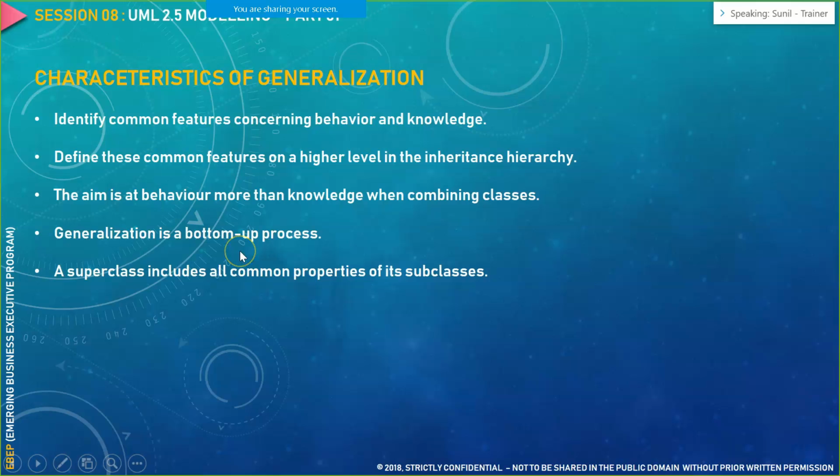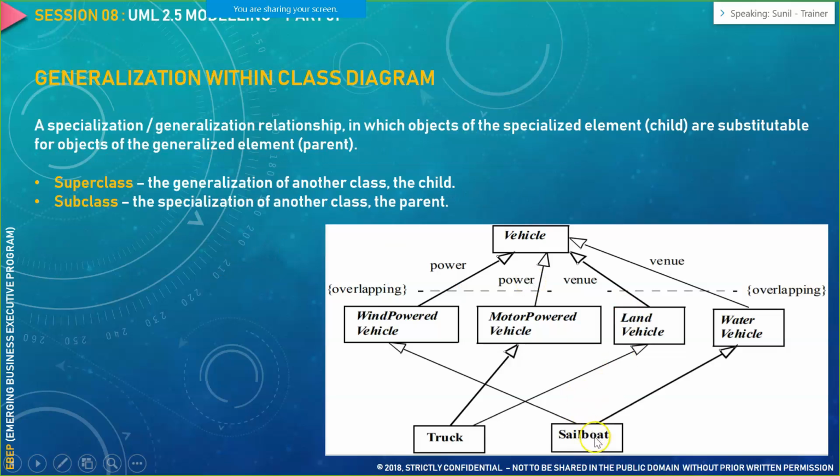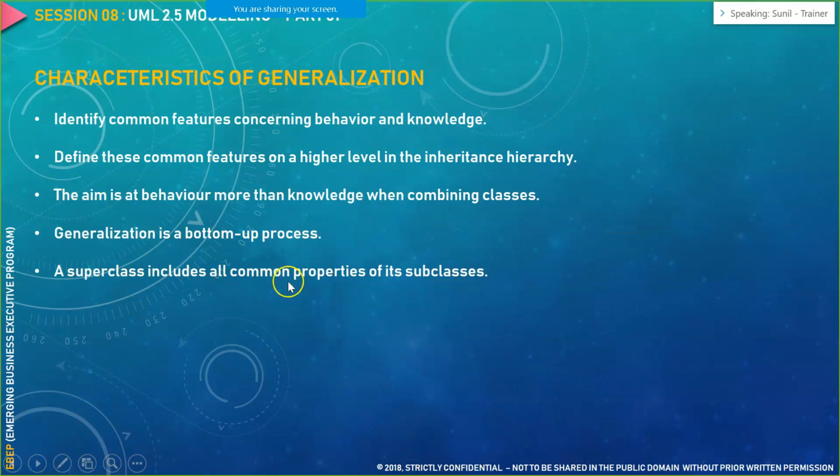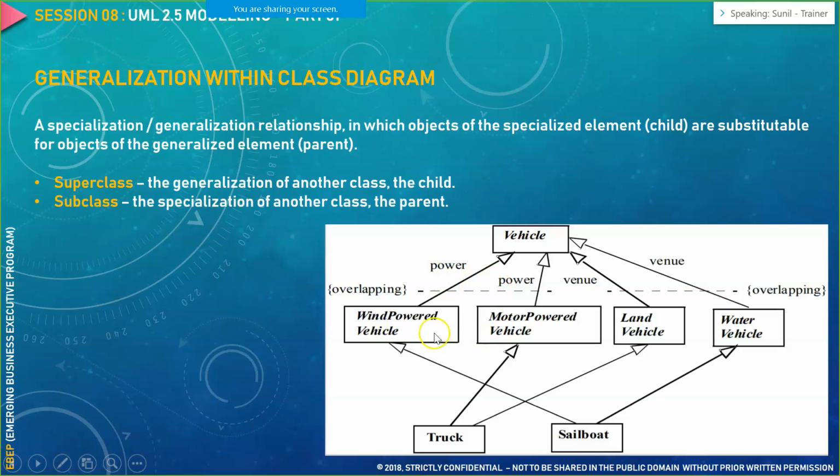And generalization is a bottom up process. So we start from here and reach out to the top. It's not from here till here. It's a bottom up approach. And a superclass includes all the common properties of its subclass. So whenever we are creating a superclass, it should include all of the properties of the subclass. For example, when we derived wind power vehicle and water vehicle, we inherited all the attributes of sailboat.